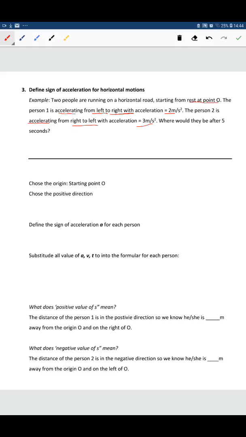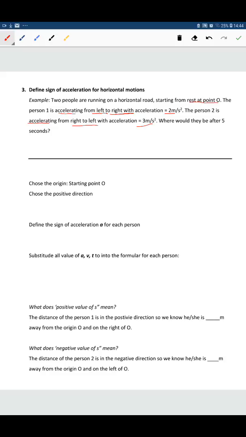So the question, where would they be after 5 seconds, can be interpreted as: what are their positions after 5 seconds?